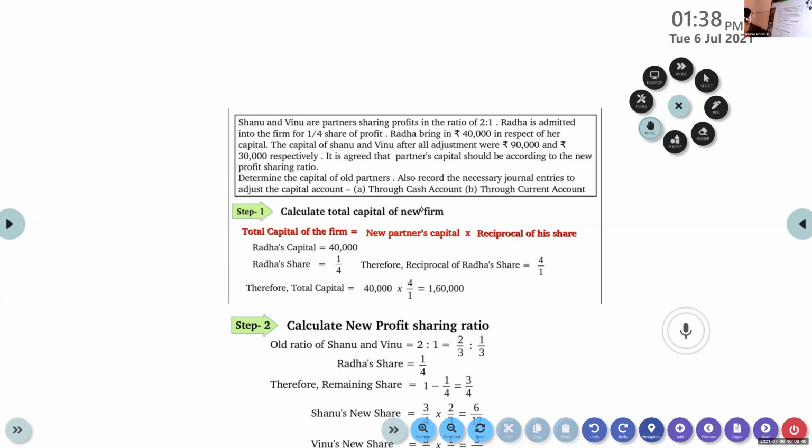Okay. So the first step is to find out the total capital of the firm, and it is based on the new partner's capital. We are finding out the total capital on the basis of the new partner's capital. New partner's capital into reciprocal of his share.